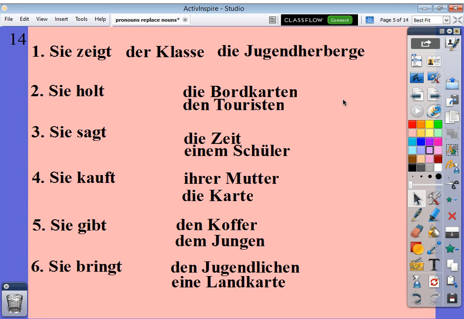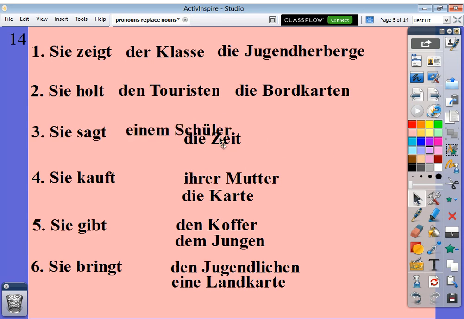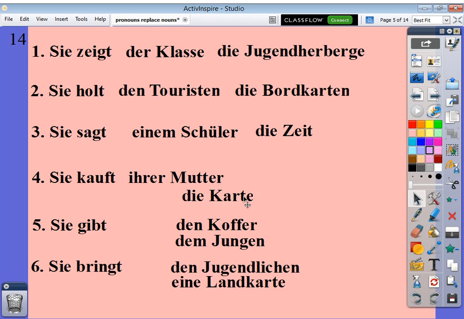So we want to put the people first. Sie holt den Touristen die Bordkarten. Sie sagt einem Schüler die Zeit. Sie kauft ihrer Mutter die Karte. Again, that translates very well into English.